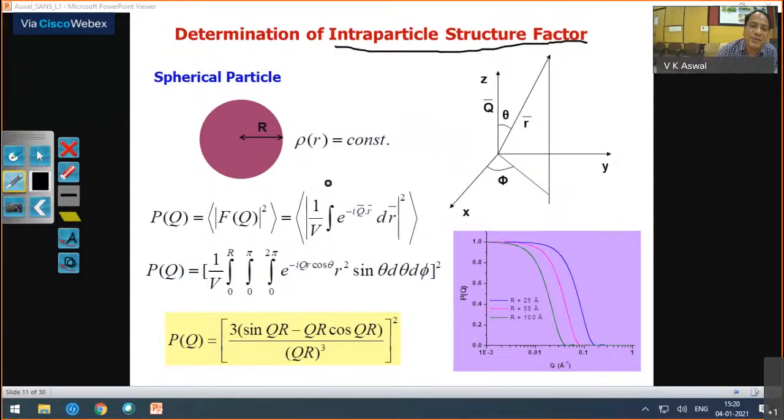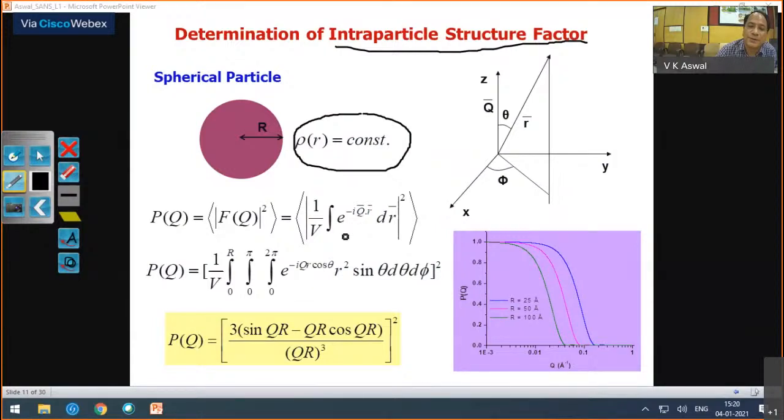As I said, this is the Fourier transform of your scattering length density distribution. If you start with a homogeneous spherical particle with a constant scattering length density, this is a constant term, so it will come out. And you know how the Fourier transform is expressed.